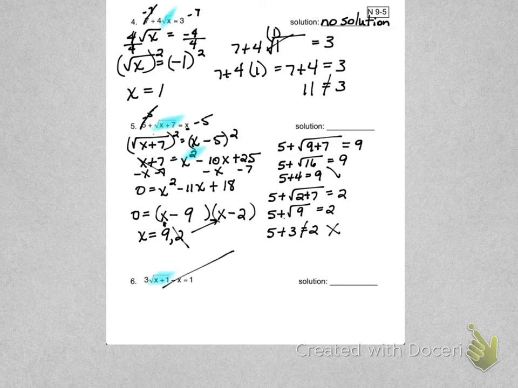That one didn't work. So we only have one answer choice that works, and that's x equals 9. So remember, it might eliminate one of them, both of them, or you might keep both of them. So x equals 9 is my final answer on that one.